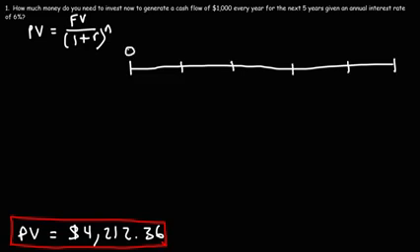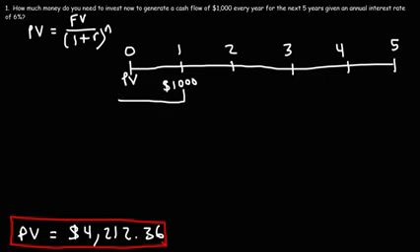So this is 0, which corresponds to the present. This is 1, 2, 3, 4, 5.